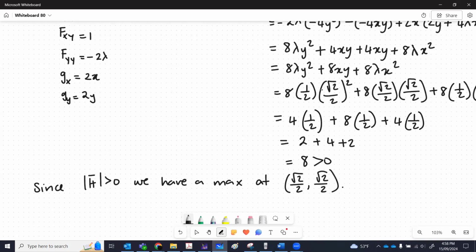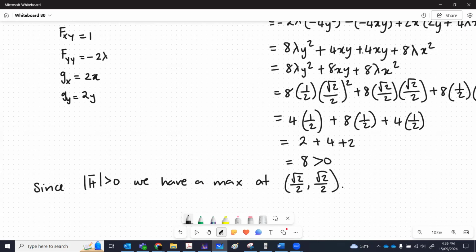Okay, so you can see that there are other critical points. What you can do is find the other critical points, because we only worked out some of them. The second one is not difficult to work out, because lambda is still a half, but this time x is negative square root of 2 over 2, and x and y are equal, so that's easy to work out.